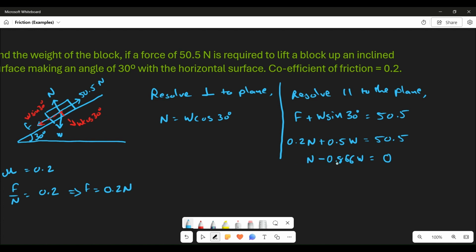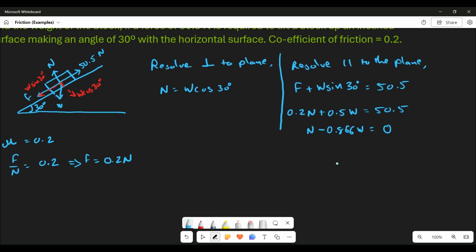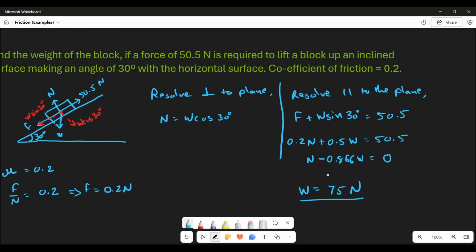I am not showing this calculation here as you have understood it in the previous example. This is a basic elimination method, and by elimination you will get W is equal to 75 Newton. This is your answer. So this is how you find the weight of a block if it is not given and you are given the P force.